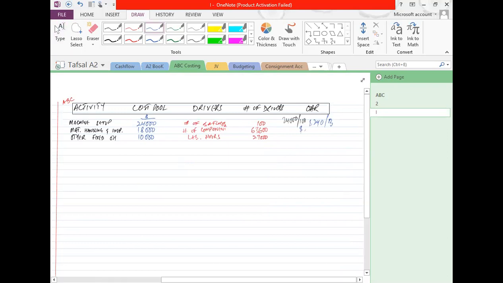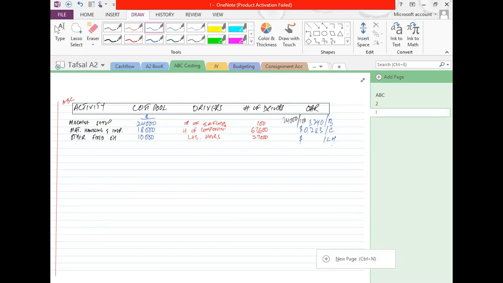Dollar 0.283 per component. And for labor hour, 10,000 over 27,000. Kindly do verify from your calculators.